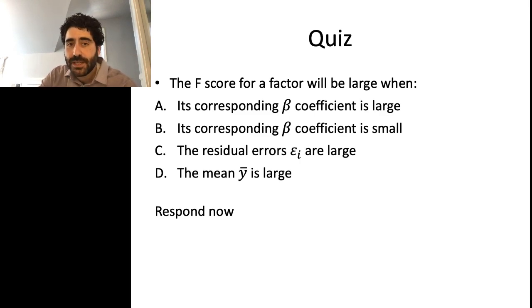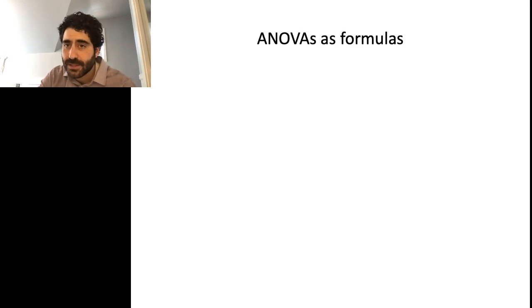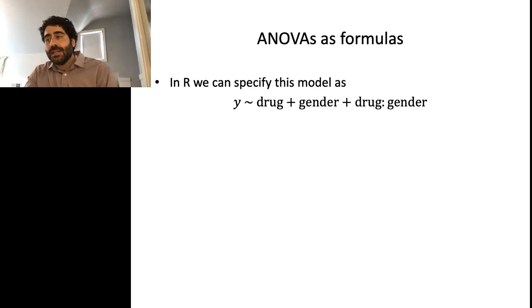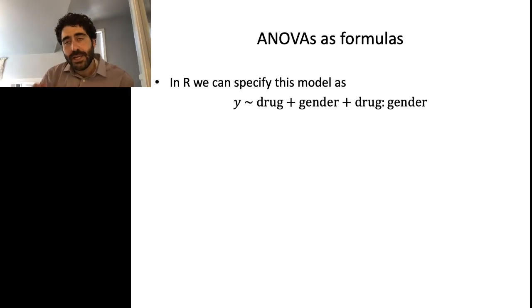So the way we can write these kinds of models in R, and I think you already saw this in the last lab as well, is that the way we'd write down this full two-way ANOVA with interactions is like this, which is that we're predicting their outcomes Y as a function of the drug group that someone's in and the gender they're reporting, and also potentially this interaction term.